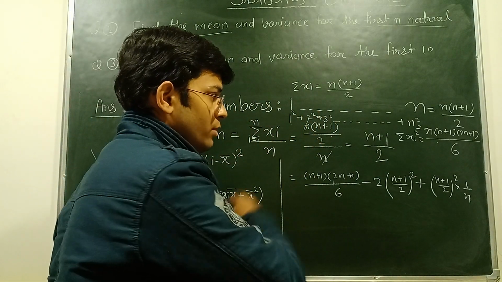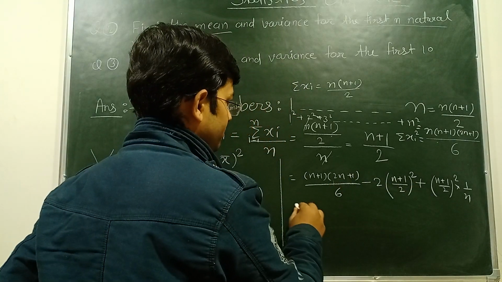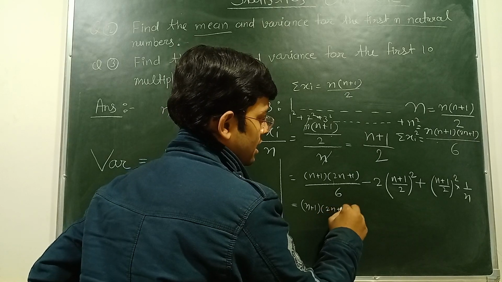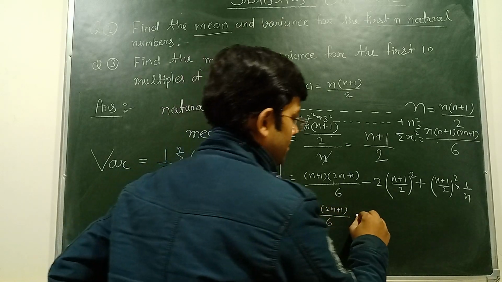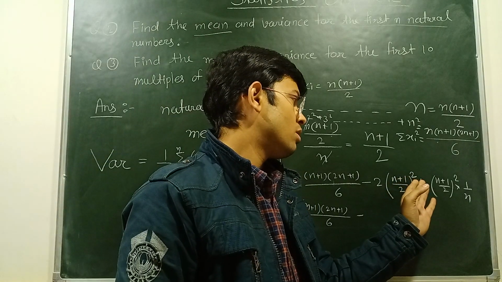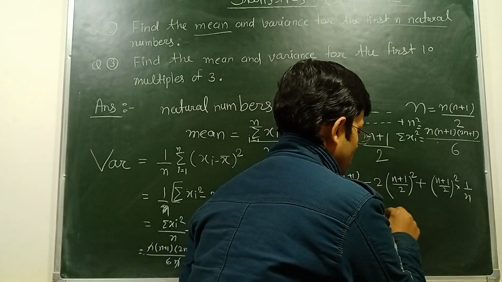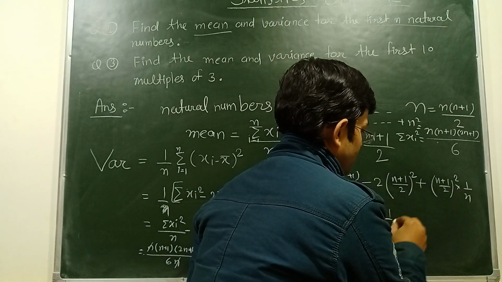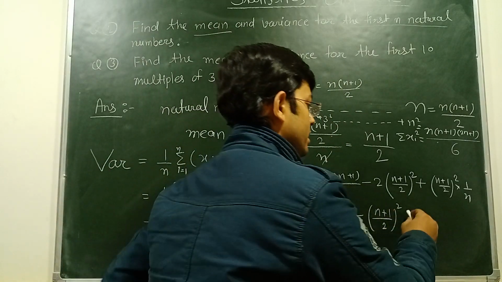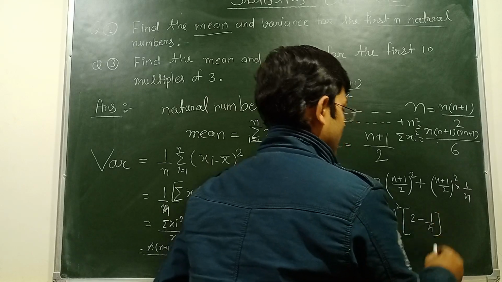And now we have to only solve this equation: n plus 1 into 2n plus 1 divided by 6, minus n plus 1 upon 2 to the whole square is the common part of both terms, and 2 minus 1 upon n.